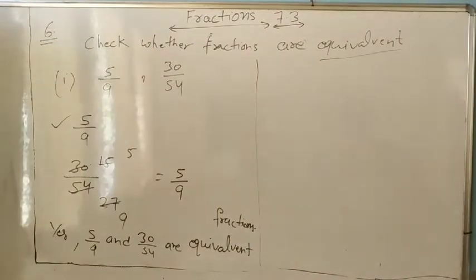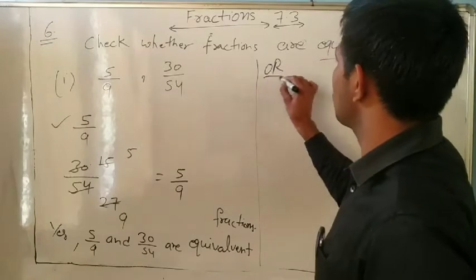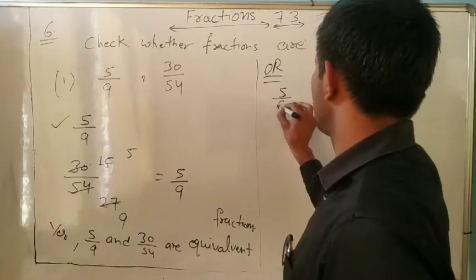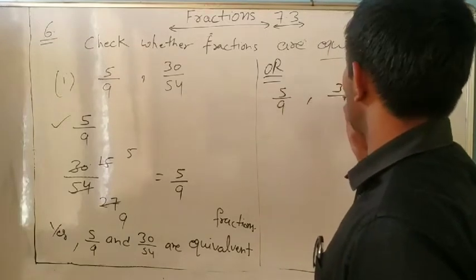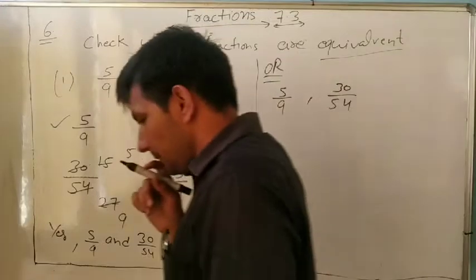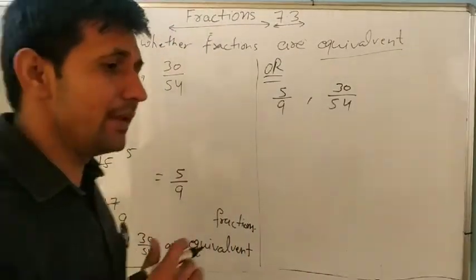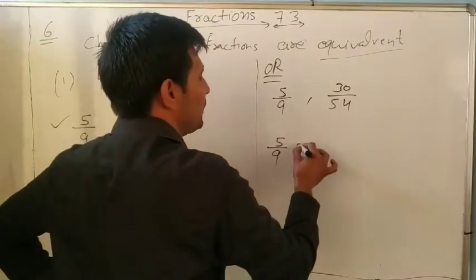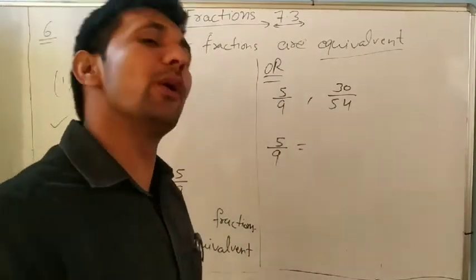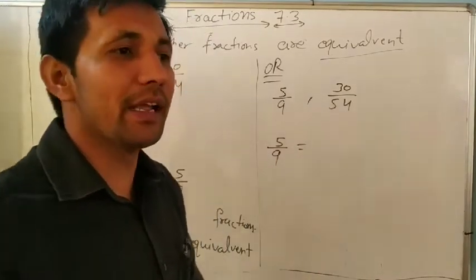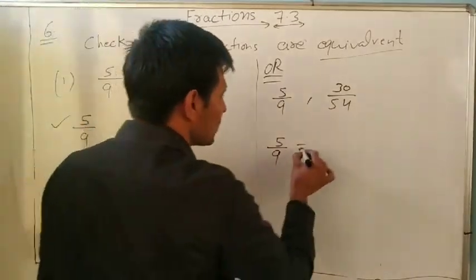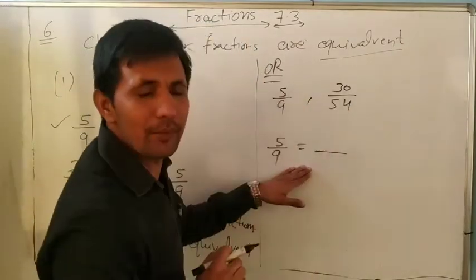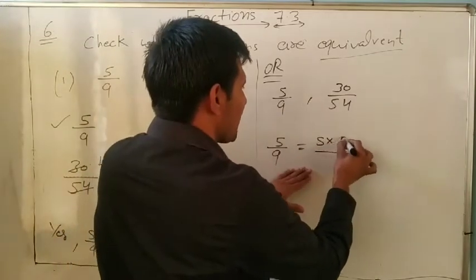Understand? Or you can find by another method also. Look at 5 by 9 and 30 upon 54. How will you find an equivalent fraction of any fraction? I multiply or divide numerator and denominator by the same number. So what number do you multiply by 5 to get 30? 5 multiplied by 6.